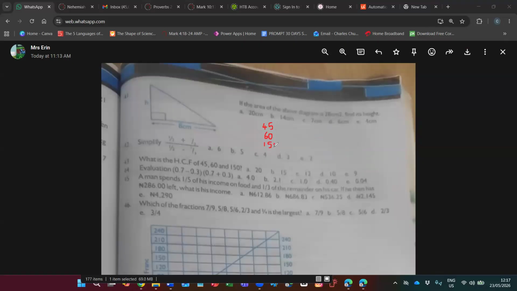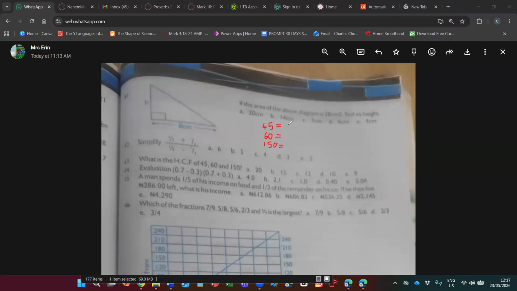So I usually like writing the numbers by the side, stacked one above the other: 45, 60, and 150. Now the next thing I'll do is to start breaking them down into prime factors if I can.